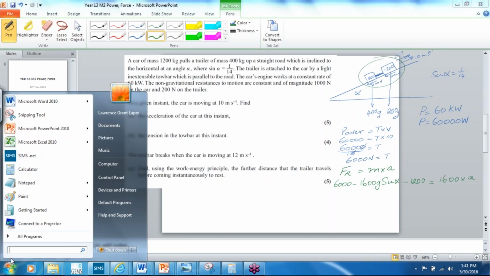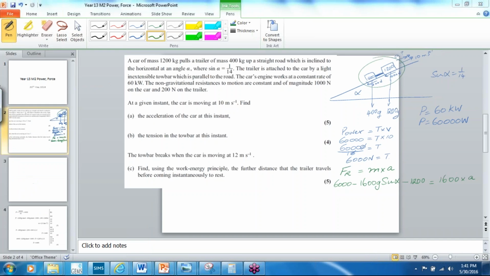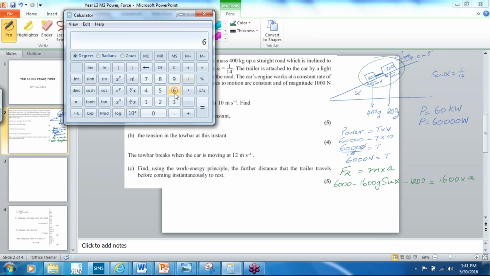Okay, so let's get our calculator out and do this calculation. So we have 6,000 minus 1,600 times g, which is 9.8, multiplied by sine of alpha, which is 1/14. And then we have to minus 1,200. Let's just check that.